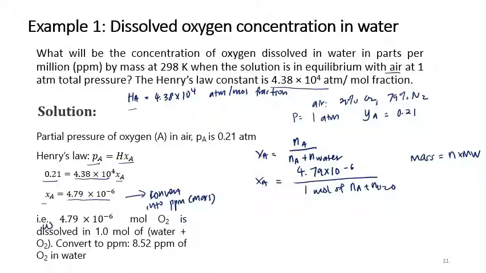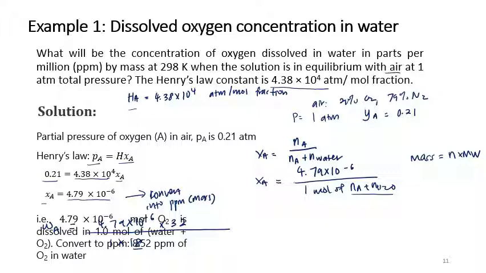Let's use mass fraction as WA, equal to 4.79 times 10 to the power of minus 6 times 32 for oxygen over, since the mole fraction of oxygen is very small, you can just approximate that 1 mole of oxygen and water equals 1 mole of water, 1 times 18. So 18 here is water.